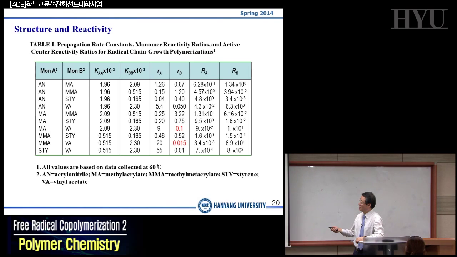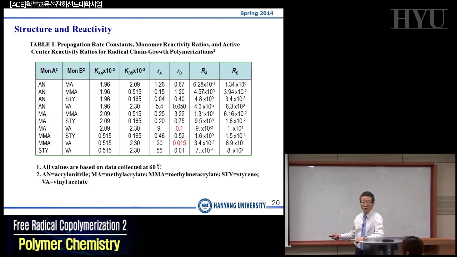Monomer A could be AN. AN is what? Acrylonitrile. And for the same monomer, you have different second monomers. These are methyl methacrylate, styrene, vinyl acetate, and so on.